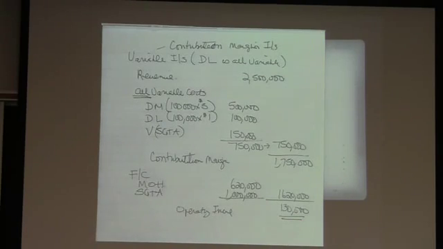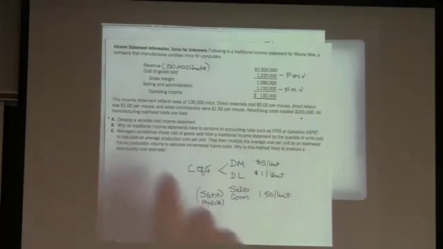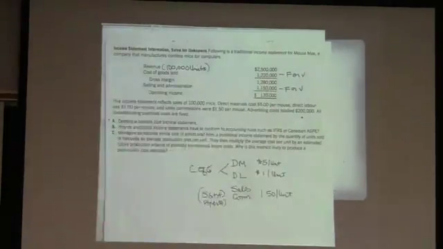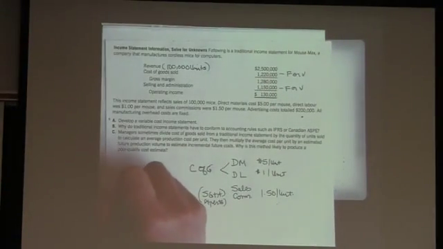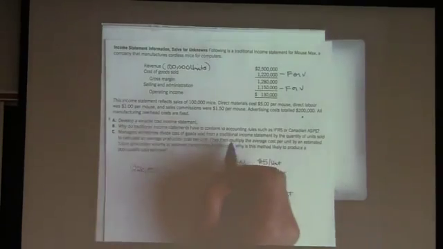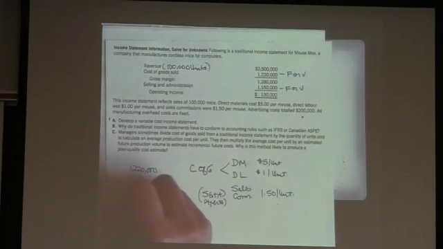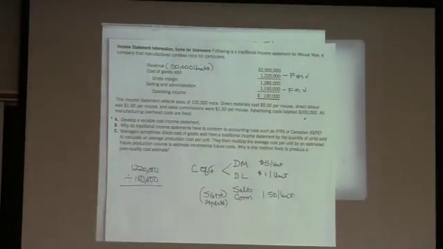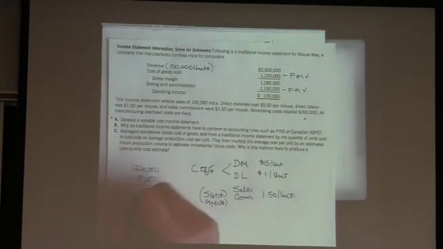Now, let's look at part C of the question. Part C says managers sometimes divide cost of goods sold, the 1220, by the number of units sold, and they will say the average cost per unit is $122 per unit.